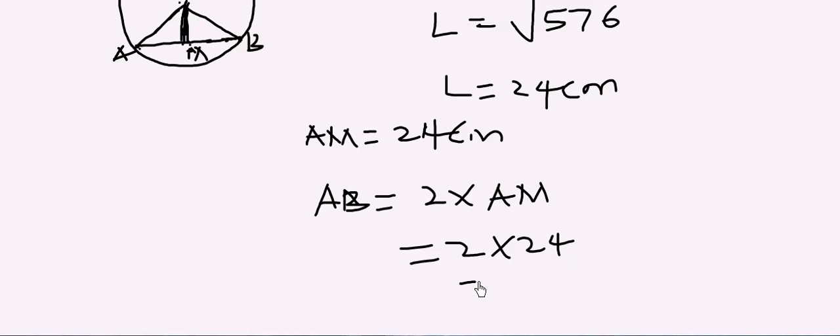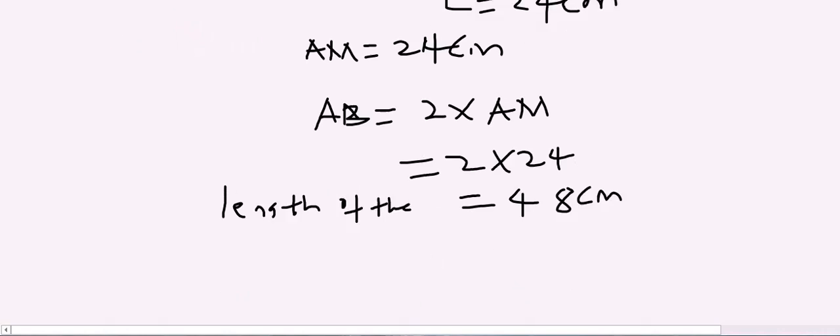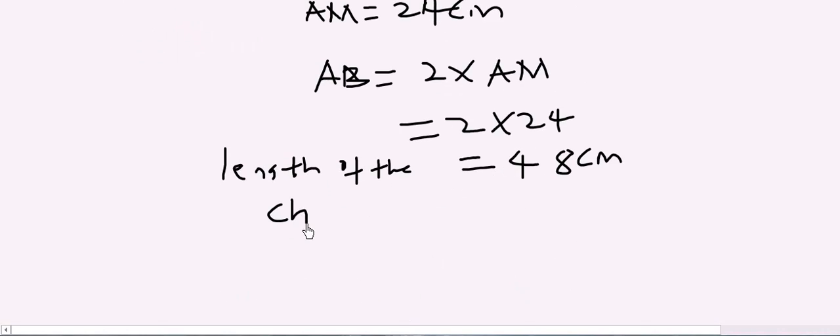That gives me 48 cm. So the full length of the chord AB is 48 cm.